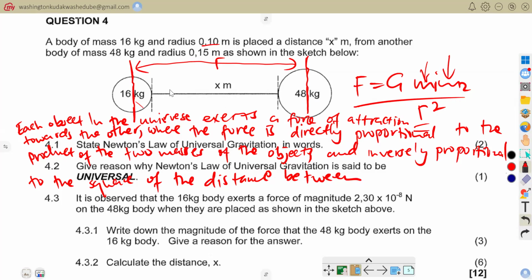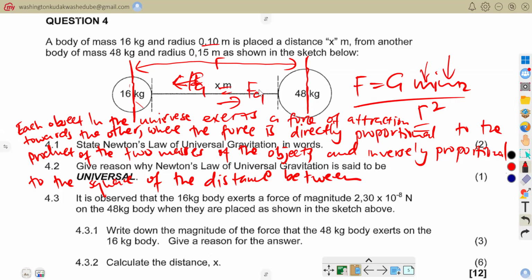So whenever we've got two objects like this, it simply means that this object exerts a force of attraction, which is the gravitational force, on this object, as well as this object also exerting the same force of attraction. So these two forces are equal.